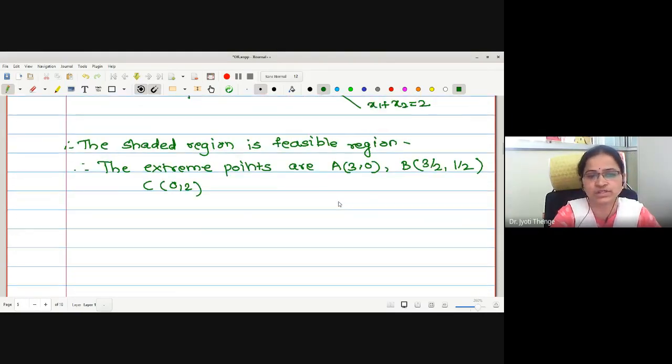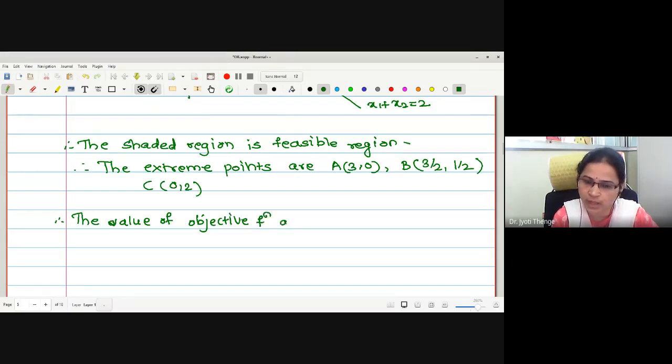The next step we will follow is we will find out the value of the objective function at the extreme point. At B, what are the values of the function z?